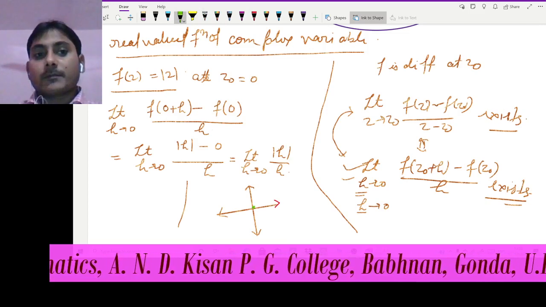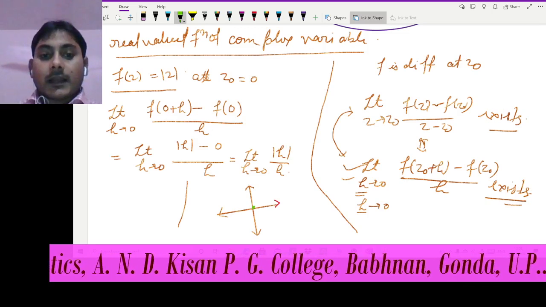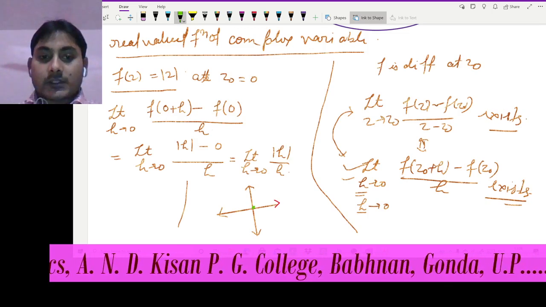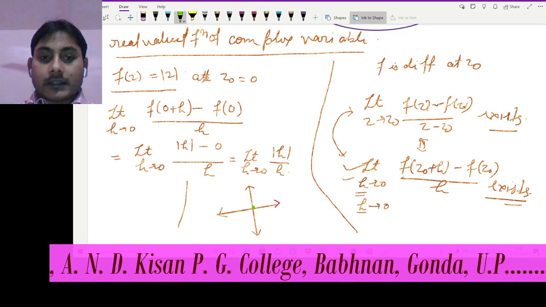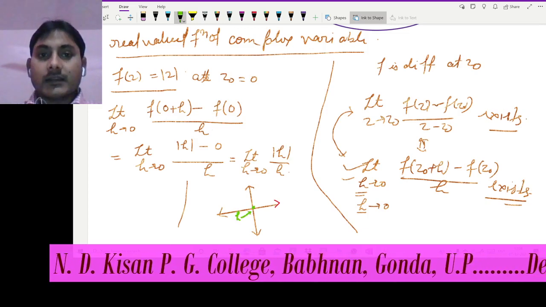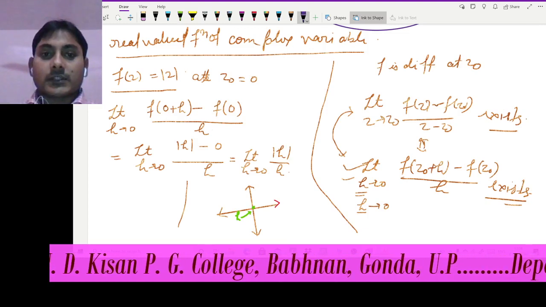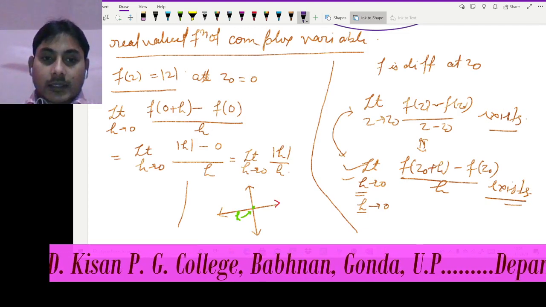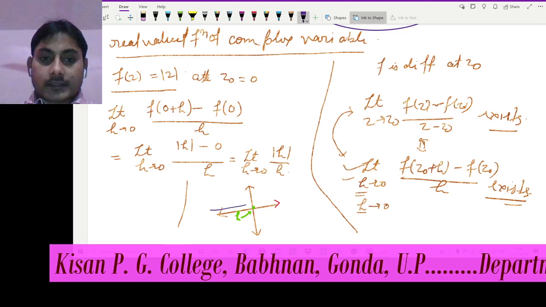Suppose h is here and h is approaching 0 along the real axis.